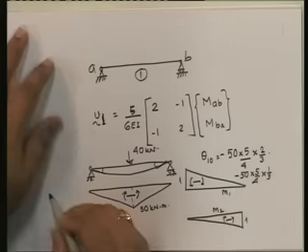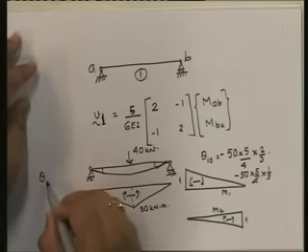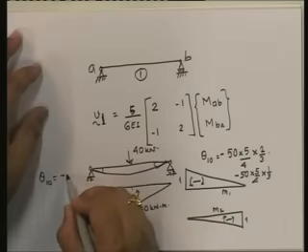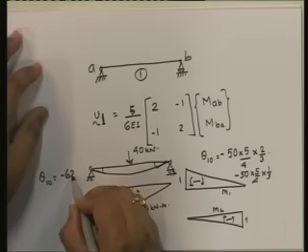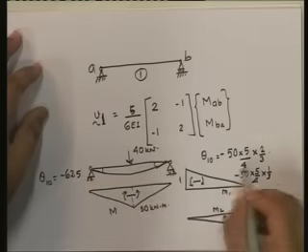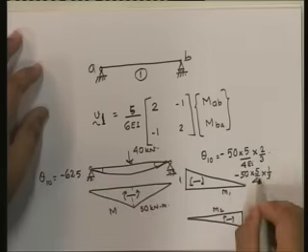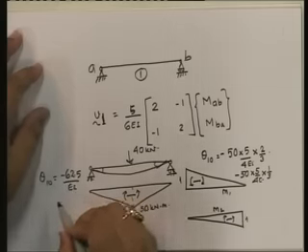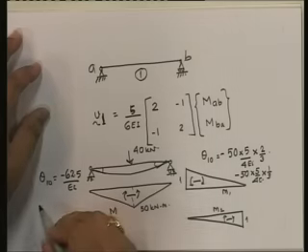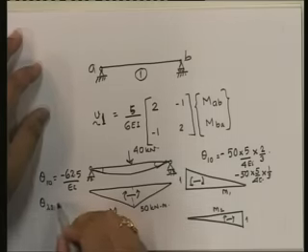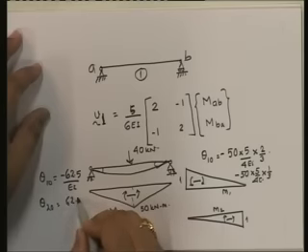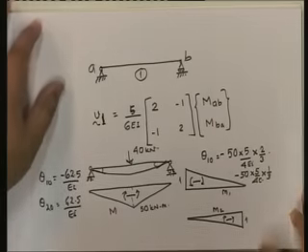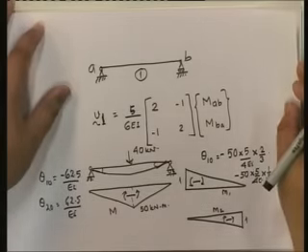And so essentially theta 10 is equal to minus 62.5 by EI, and theta 20 is equal to 62.5 by EI.